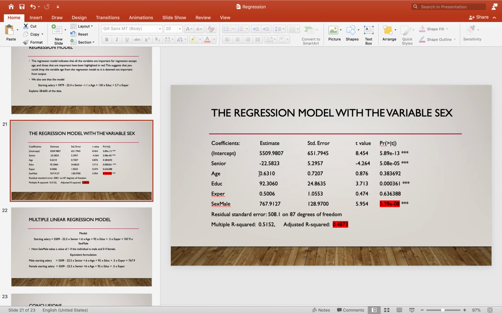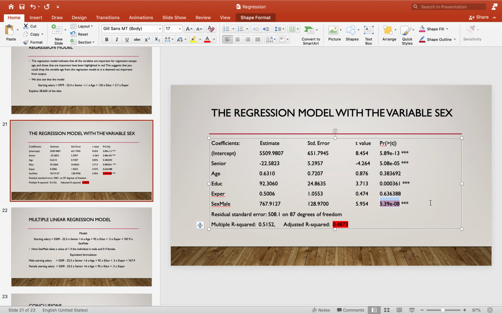Now let's compare when we add the variable sex. Notice our estimates all change. Here's our equation. But notice the variable sex male is statistically significant, with a p-value of 5 times 10 to the minus 8th. That means despite the fact that we used age, seniority, education, experience, it still does not explain the data as well as if we included the variable sex male.